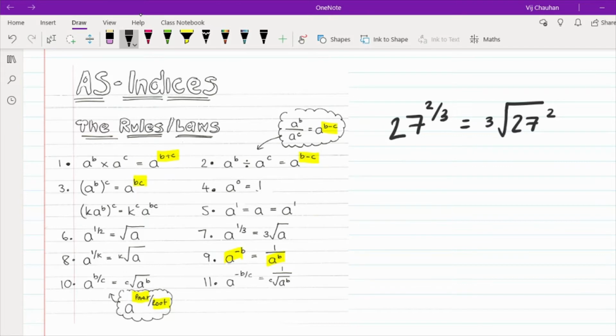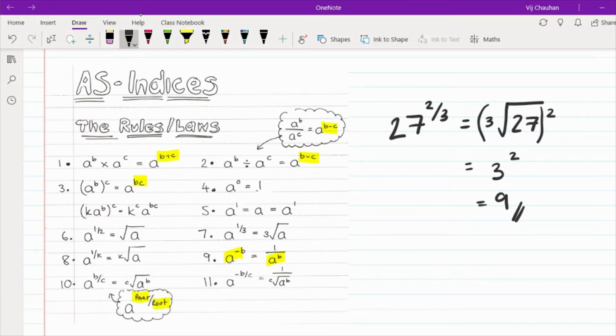Now, you've got to decide within yourself which one's going to be easier. There'll always be one that is easier for you, but with the A-level paper being calculator, it shouldn't really make a difference. So here, we would cube root the 27 first. If I do this first, I would get 3, and then I've got 3 squared, which would then give me the answer of 9.